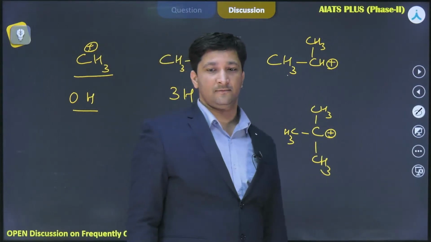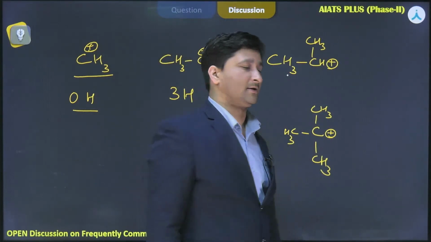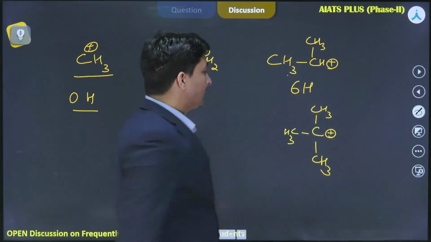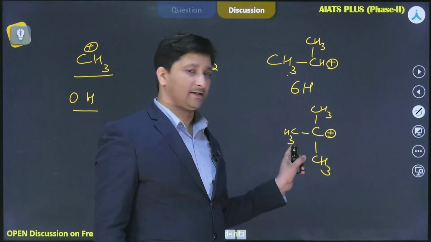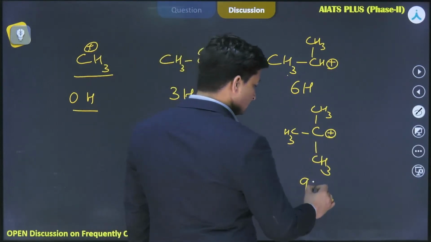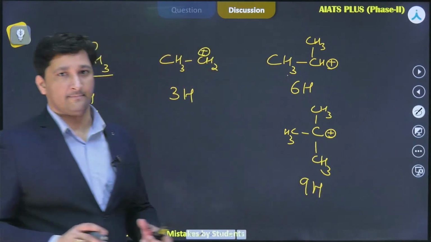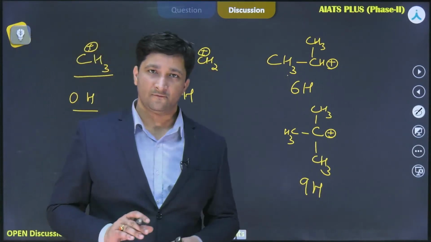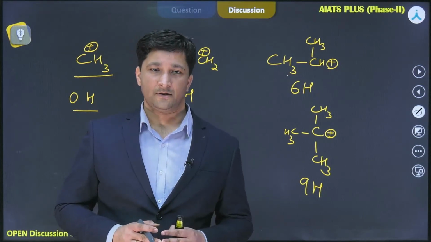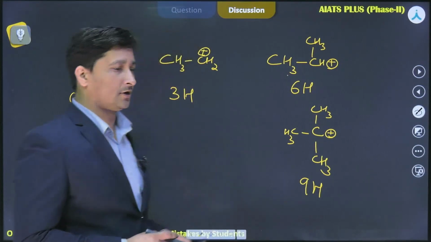More alpha hydrogen, more hyperconjugation, more stability. Very good. So you can see 6 hyperconjugation, and this one has 9 hyperconjugation. So the higher the number of hydrogens available for hyperconjugation, the higher the stability of the compound. Is this clear to all of you?